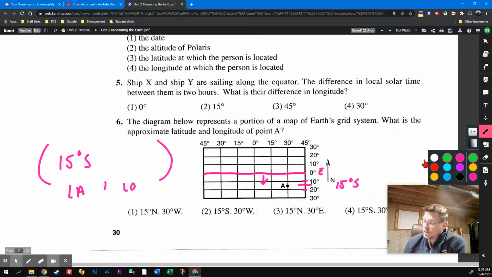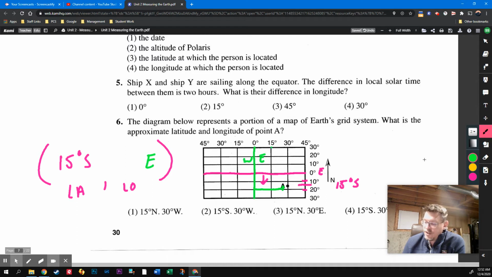All right, longitude. To do longitude, I need to find the prime meridian, and the value of the prime meridian is 0. The prime meridian goes from the North Pole to the South Pole, a vertical line, and the value is 0. So there's the prime meridian. I found it. Then I remember we are the world, and I'm going to go this way to the east side to get to point A. So my direction is going to be east.